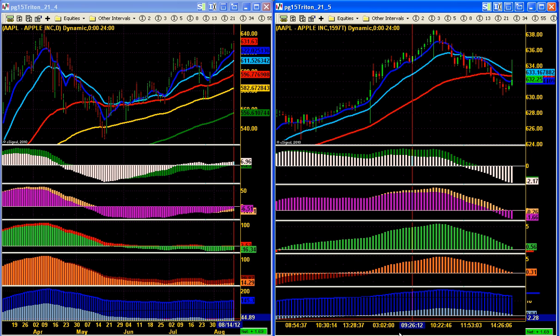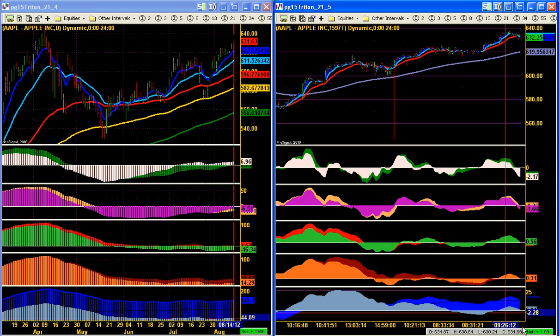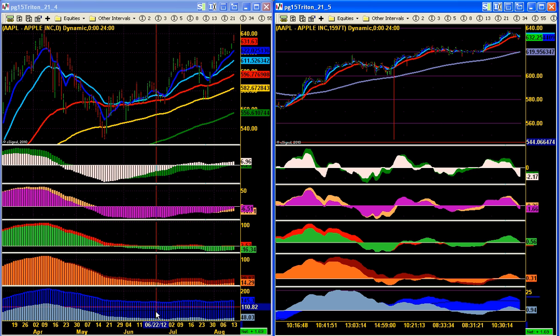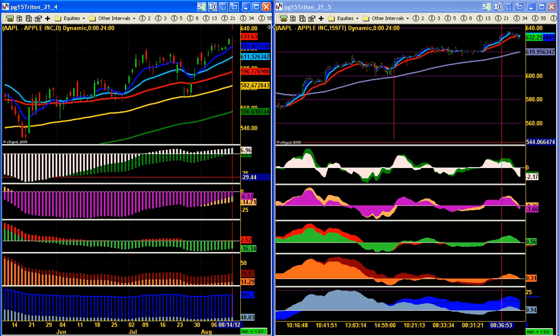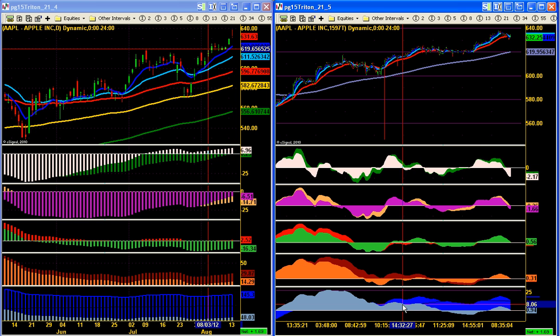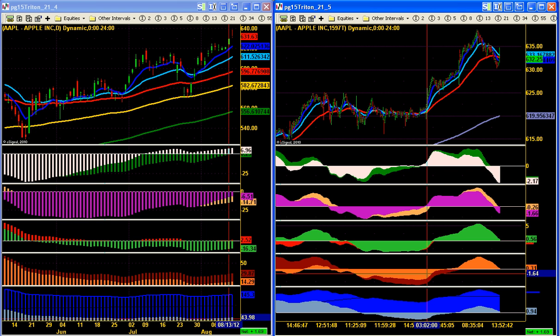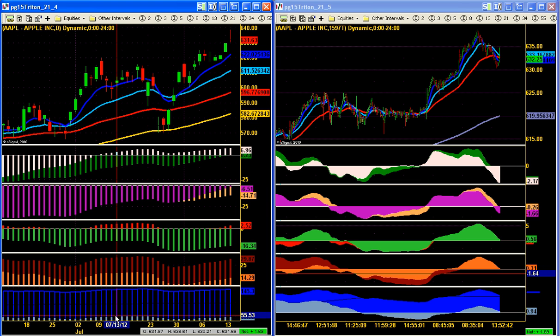But Apple is showing signs of, actually Apple doesn't look too bad. It might come down a little bit more. After hours, Apple's up half a point.